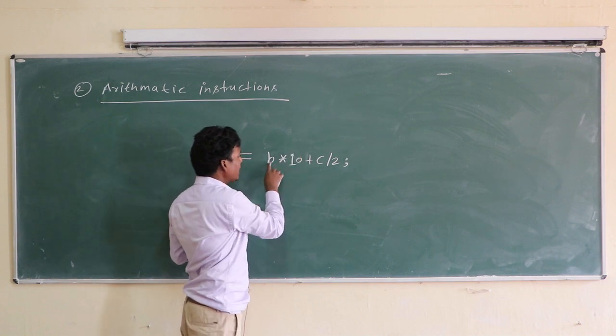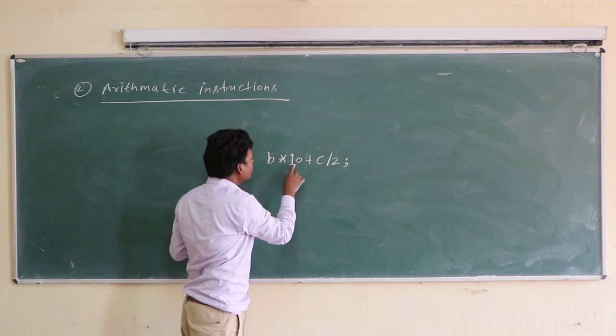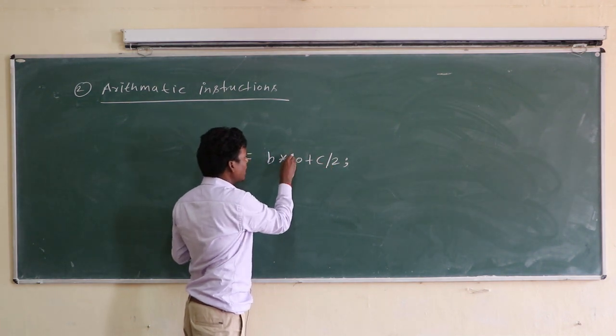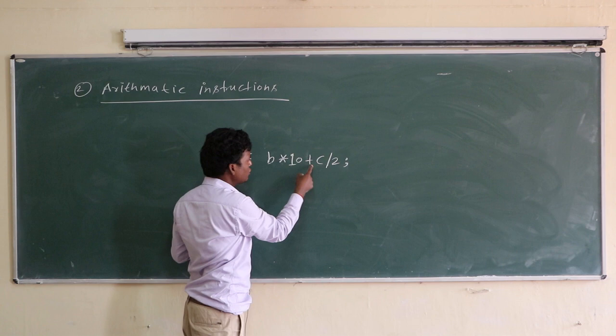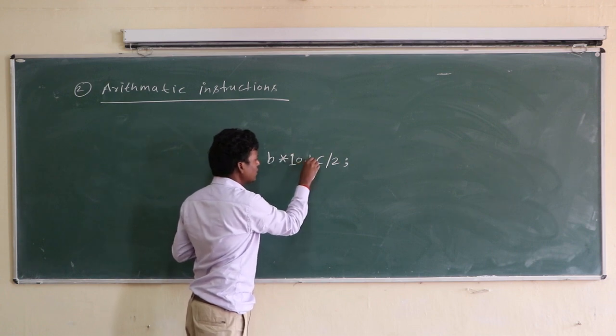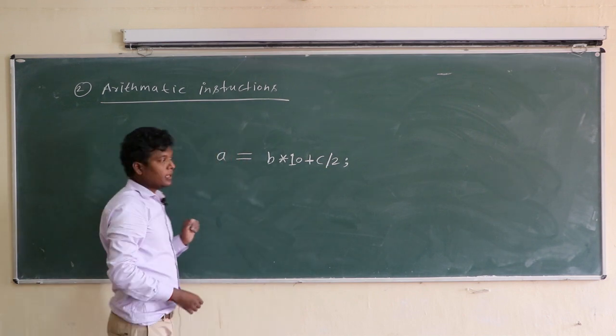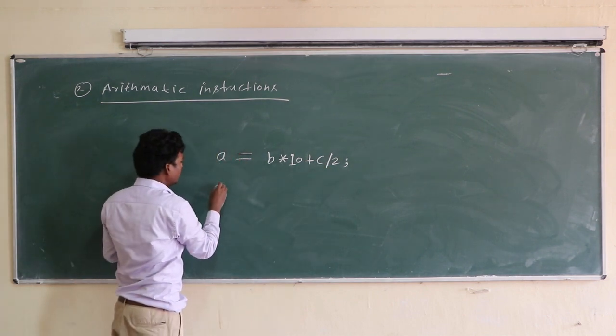So here B is a variable, C is a variable, 10 is a constant, 2 is a constant, and these are connected by the operators multiplication, plus, and division. This is valid, and this is not valid.